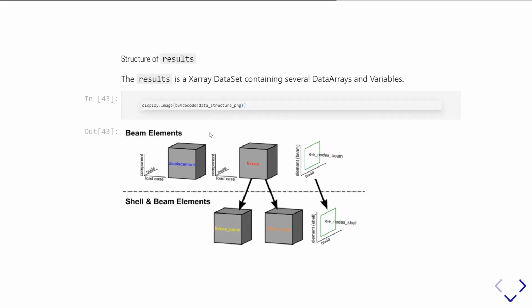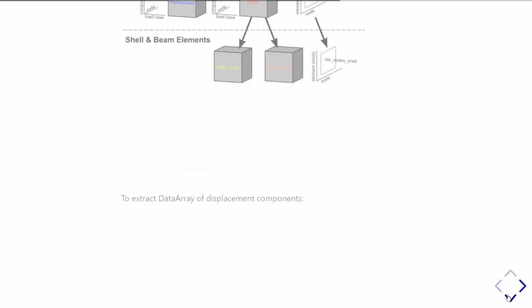We also have some other variables within the results, so you can query things like element numbers, and the nodes corresponding to a certain element number, element tag. You can get that as well from the results. So X-array is really powerful, and that's why we chose this as our output format for ospgrillage.